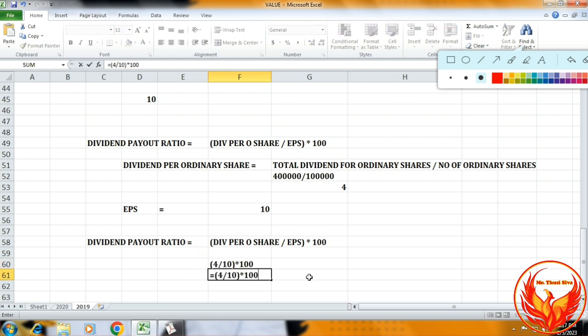So the answer for the dividend payout ratio is 40%.